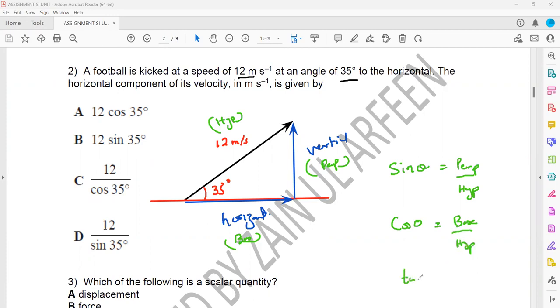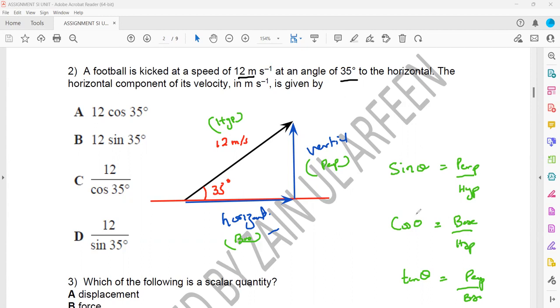And we have tangent theta, which is perpendicular divided by the base. So we need the horizontal component, and we have the hypotenuse. So which one includes the horizontal component? Because the base is the horizontal component.